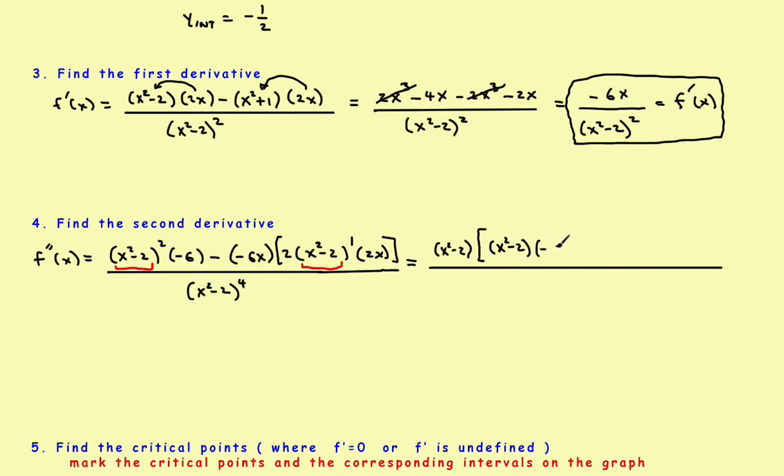Then here's that negative 6, then minus a minus 6x. Then, now again, I had an x squared minus 2, but I factor it out. So now I've just got 2 times 2x. And I'll put a second set of brackets around that. So really all you did there, you just factored out an x squared minus 2.